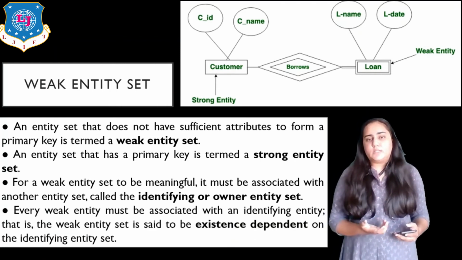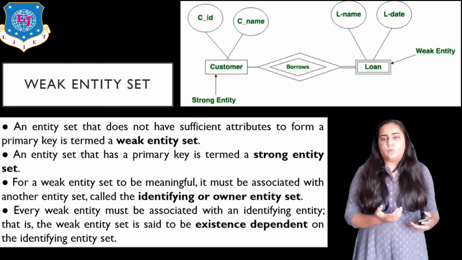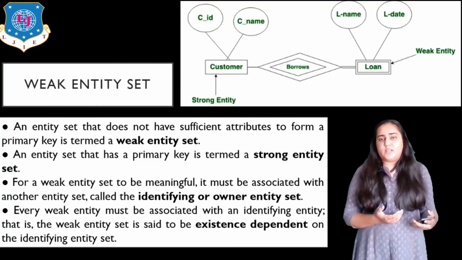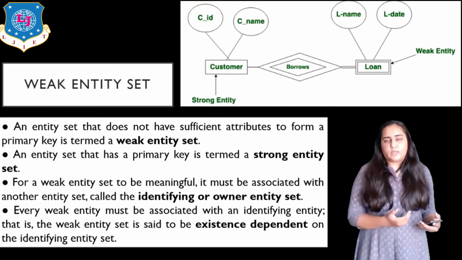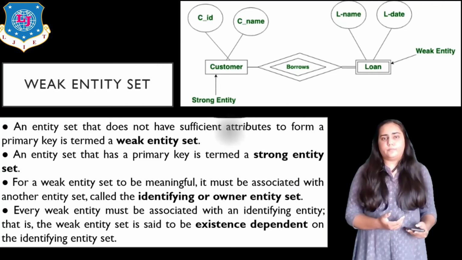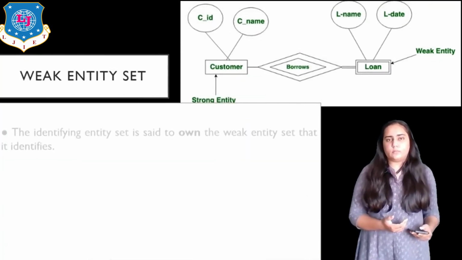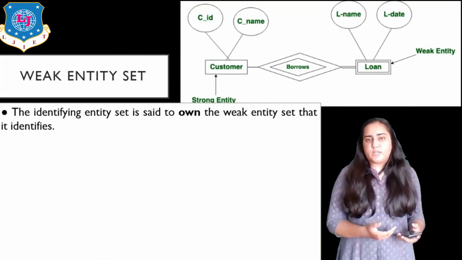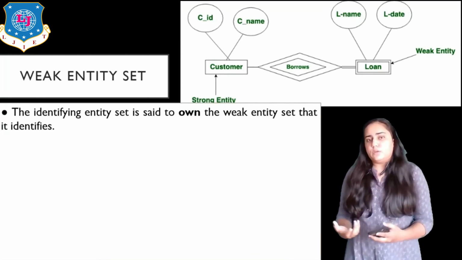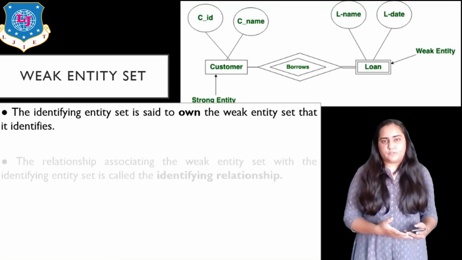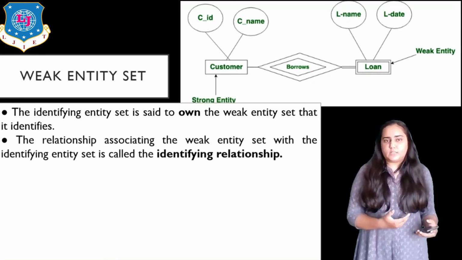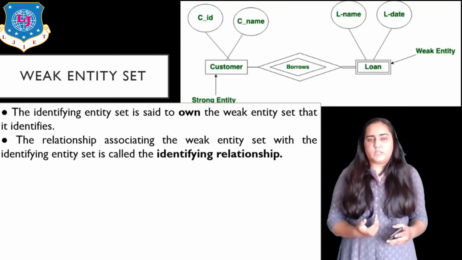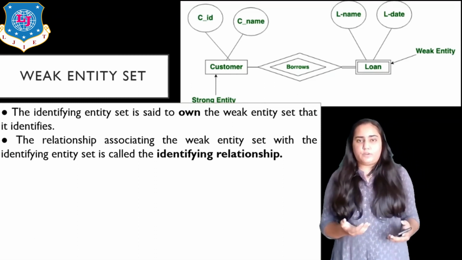And every weak entity must be associated with an identifying entity. That is, the weak entity set is said to be existence dependent on the identifying entity set. The identifying entity set is also said to own the weak entity set that it identifies, and the relationship associating the weak entity set with the identifying entity set is known as an identifying relationship.